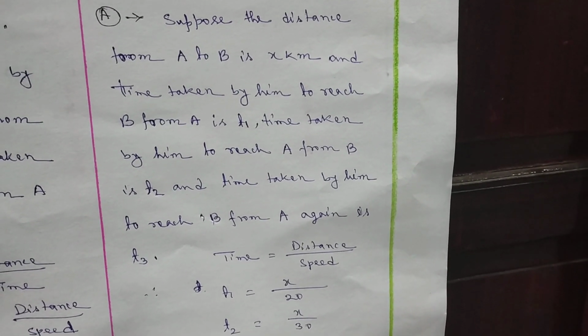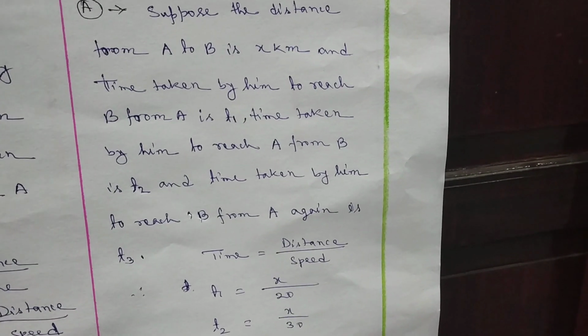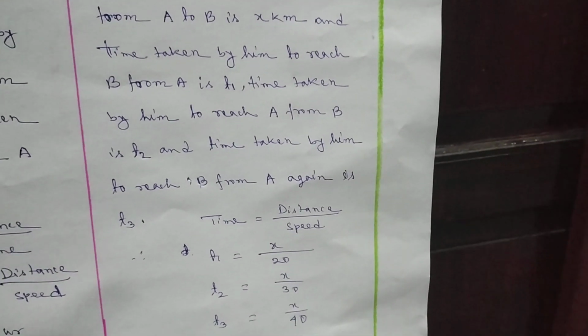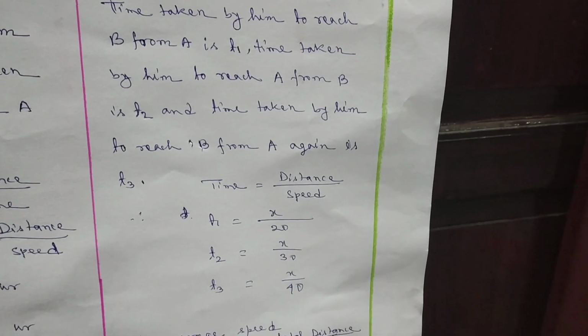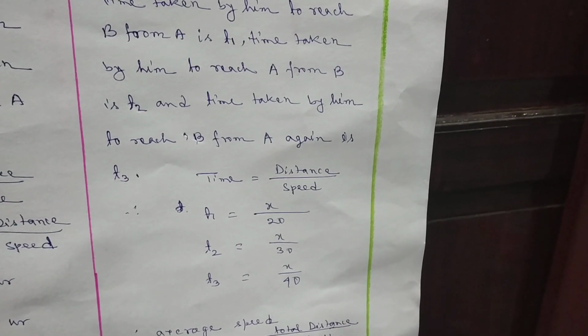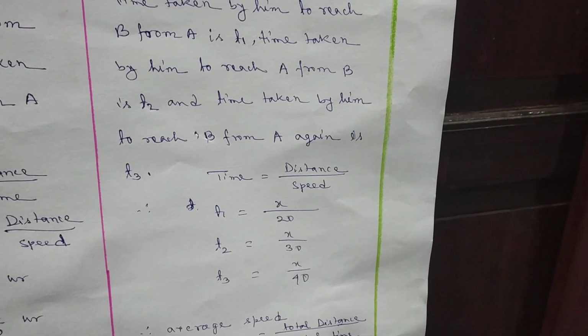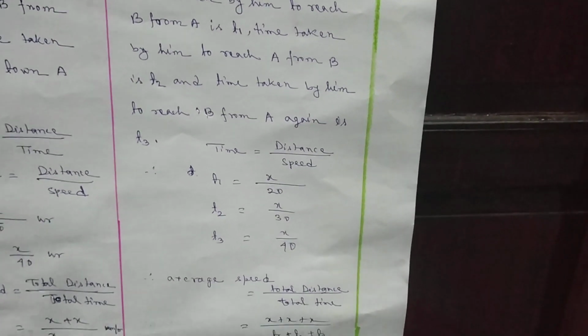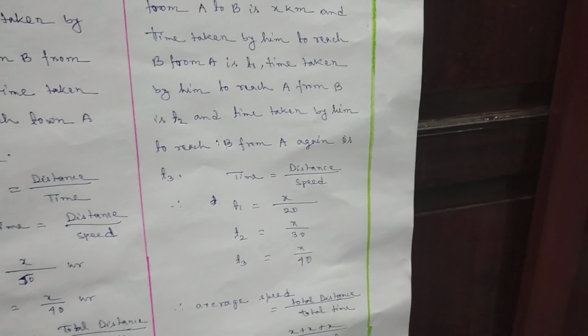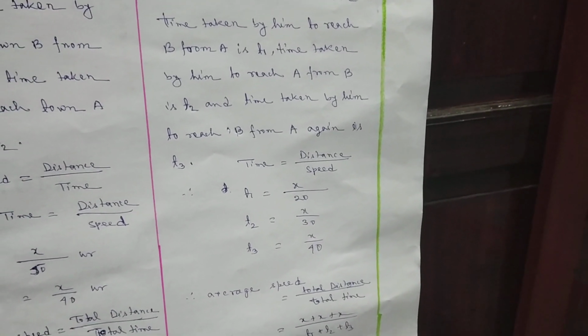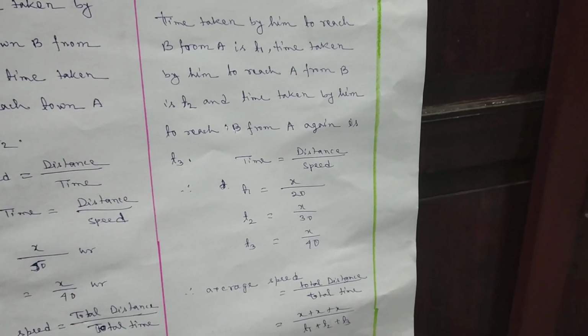Then again when it reaches A from B in t2, then again it goes from A to B in t3. Okay, so time is equal to distance by speed, and distance is x, and first it goes from A to B at 20 km per hour. So the t1 will be x by 20.